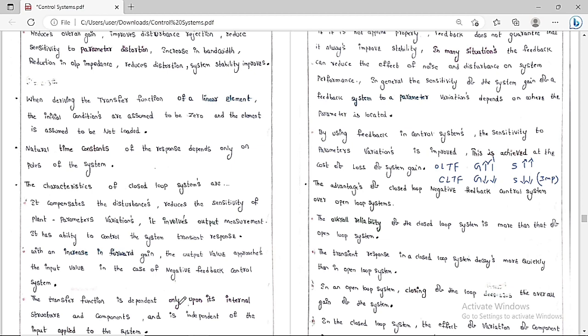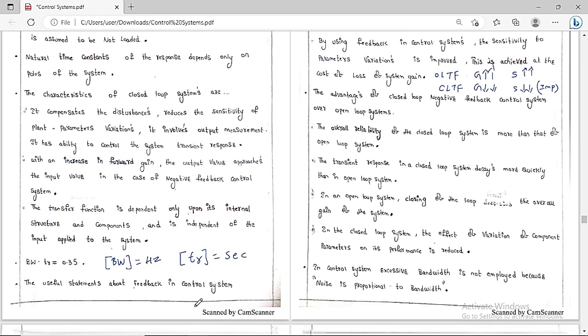Now we'll discuss some important advantages of the closed loop negative feedback control systems over the open loop systems. The overall reliability of the closed loop system is more than that of the open loop system.